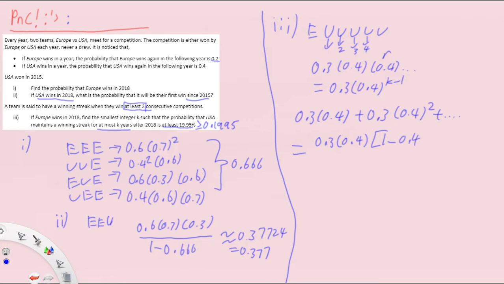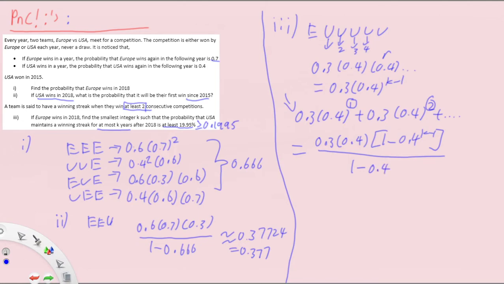If you look at the original summation, at the power of the ratio: 1 term, 2 terms. So you want to sum it until the k minus 1 term. So k minus 1 terms, over 1 minus 0.4, which is 1 minus r.